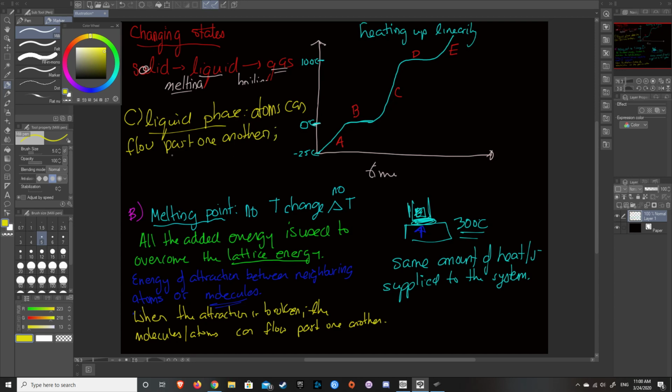And what's holding them together? We say intermolecular forces. So inter meaning between, molecular, molecules, forces are keeping them attracted to one another.